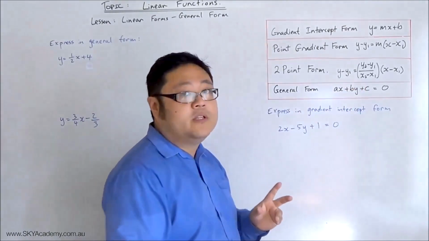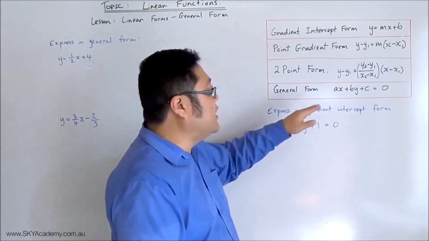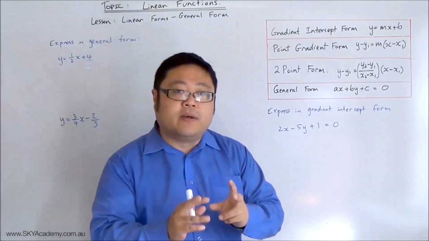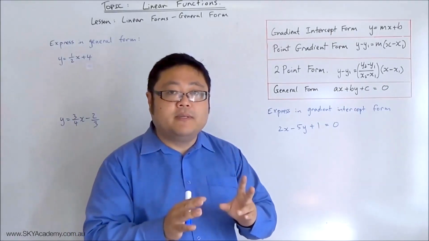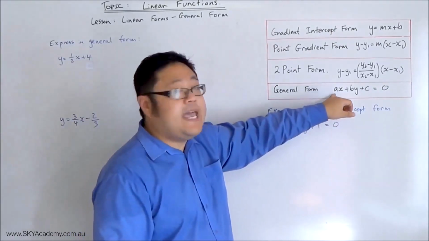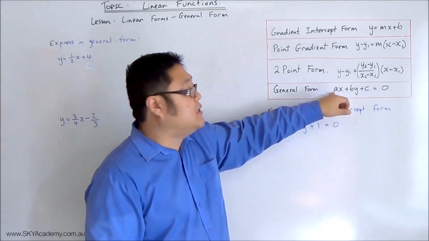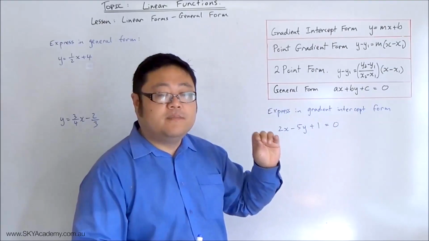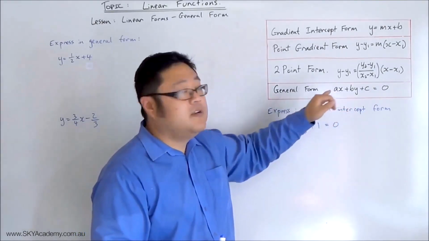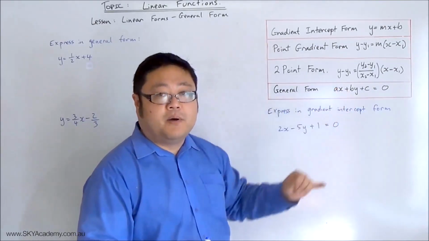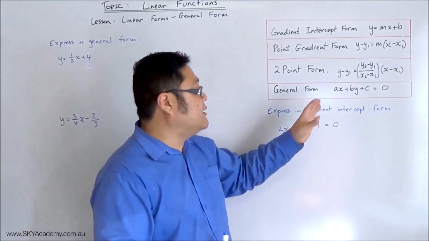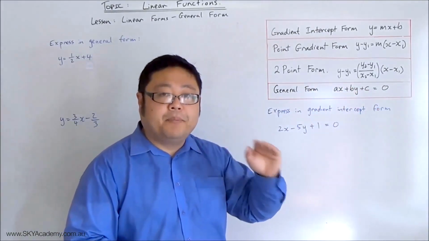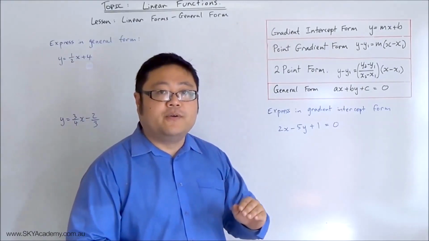The other thing with the general form is that a, b and c need to be whole numbers, and we want a to be positive. So in other words, the term for x is positive. And we want the general form to be in its simplest whole number ratio.